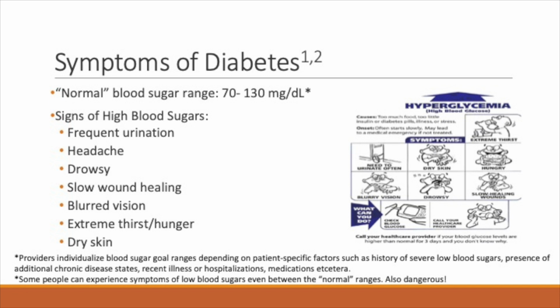Some people can experience symptoms of low blood sugar even when they're in normal ranges. And that is also very dangerous and we should avoid it. This can be due to various reasons, such as that it is not your individual normal range. But it can also happen when people have had uncontrolled diabetes for a long time.